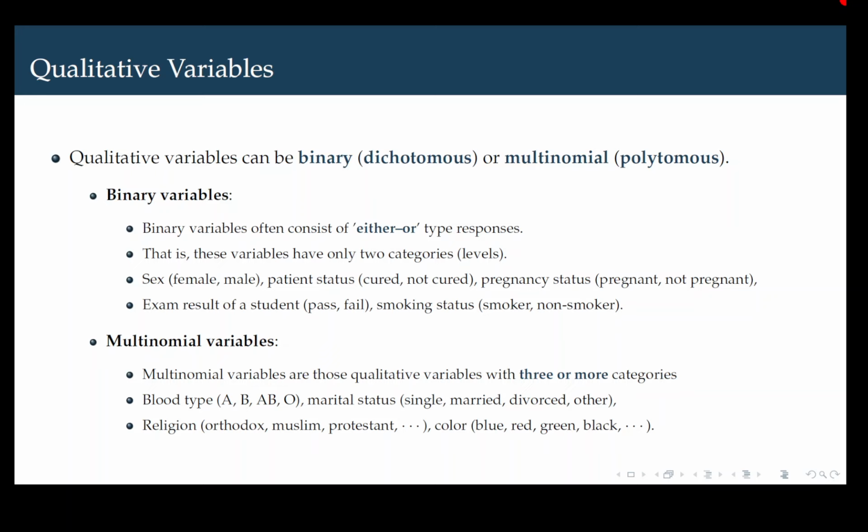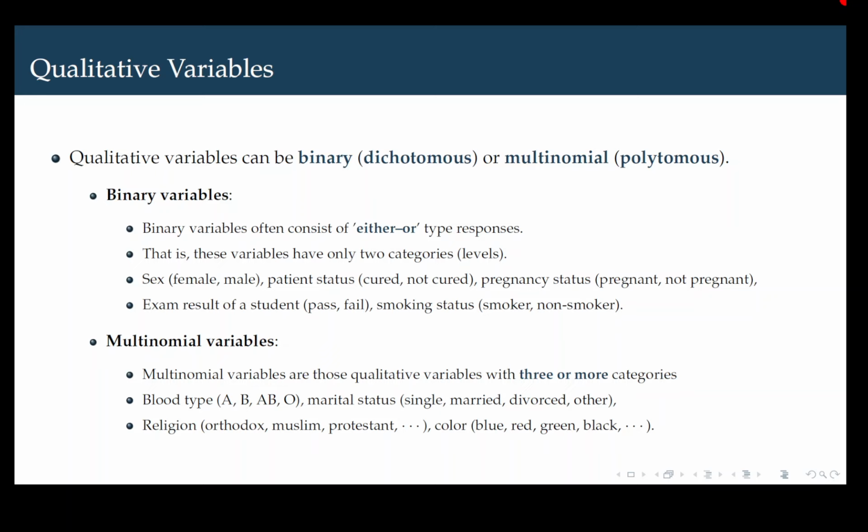And the second classification for the qualitative variables is multinomial variables. The multinomial variables are those qualitative variables which assume three or more categories, more than two categories. For example, the blood group of an individual could assume either A or B or AB or O. Therefore, blood group or blood type of an individual is a multinomial variable.